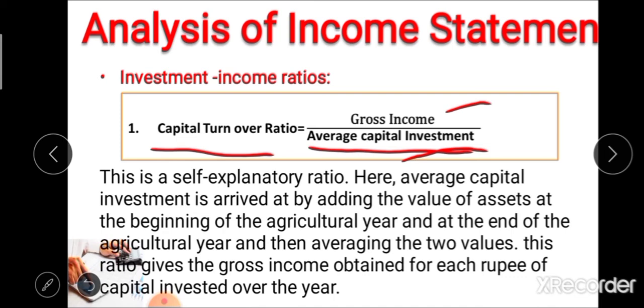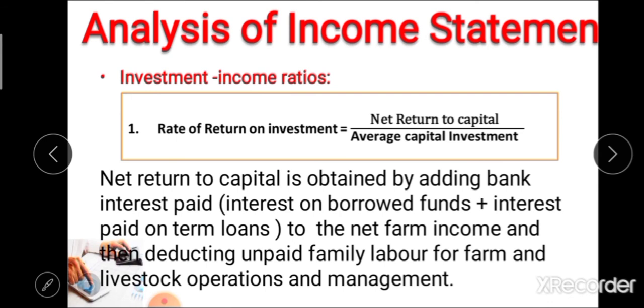After capital turnover ratio, the next ratio is rate of return on investment. Rate of return on investment is equal to net return to capital divided by average capital investment.